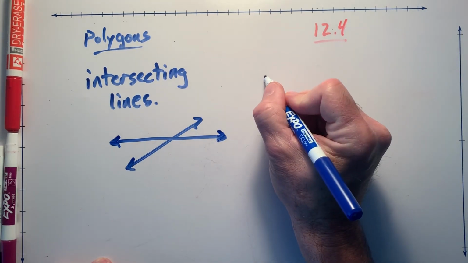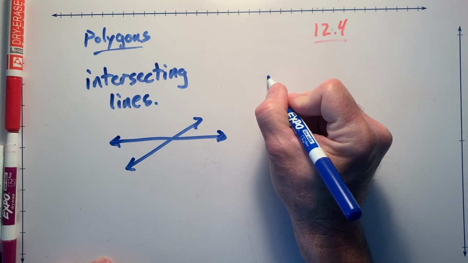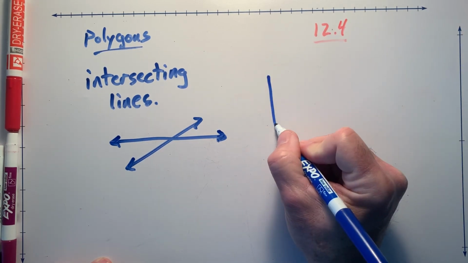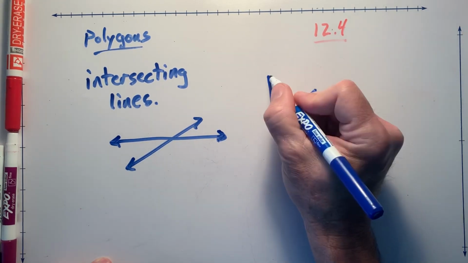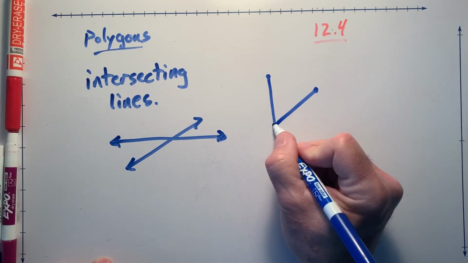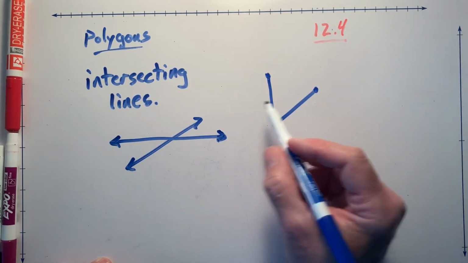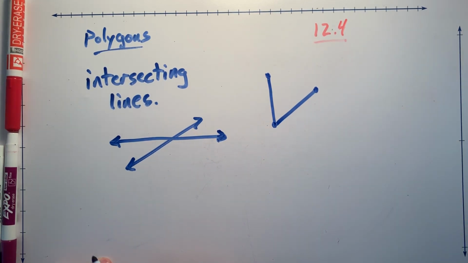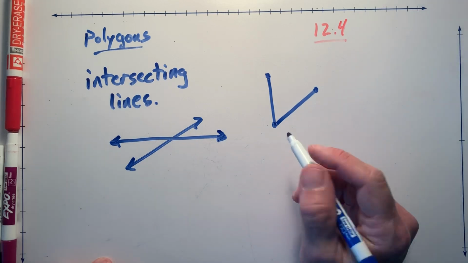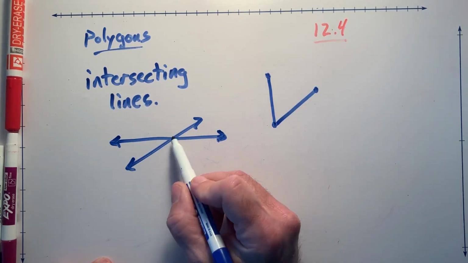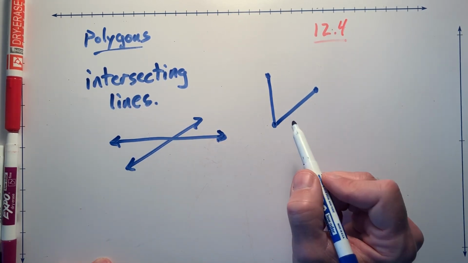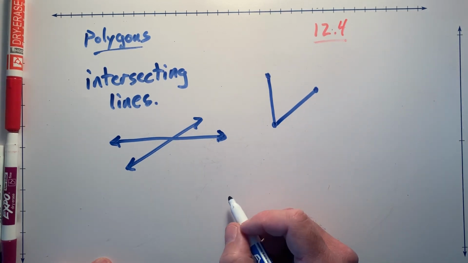These are intersecting line segments. I have a beginning point. I have a vertex in this case, a place where they come together. Anytime they come together and create a vertex or a point, they are intersecting. Okay?